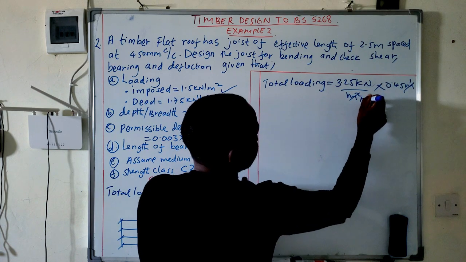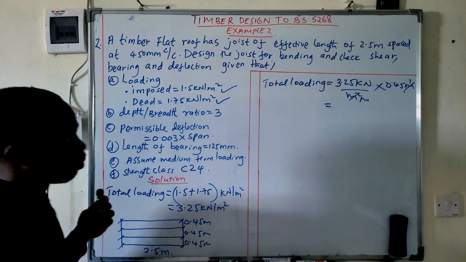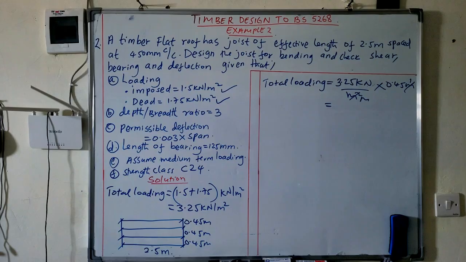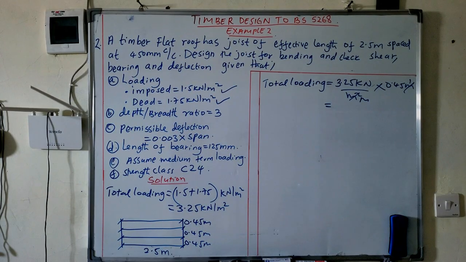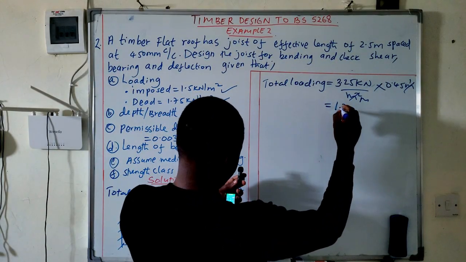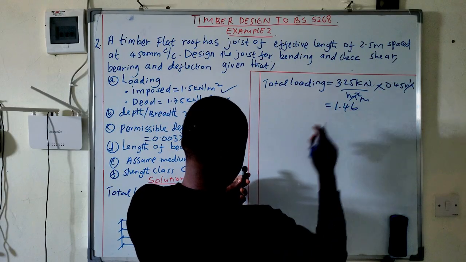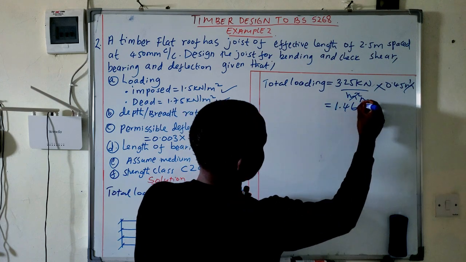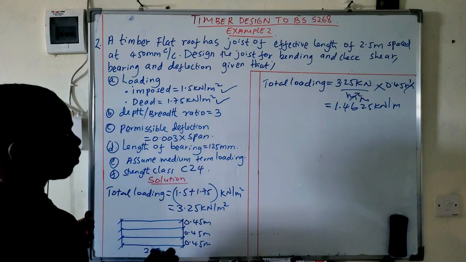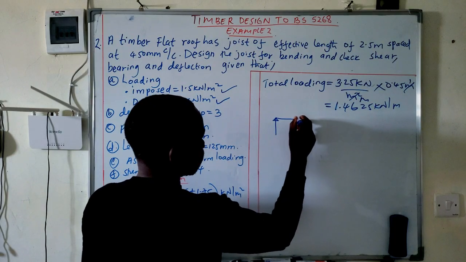Then you multiply 3.25 times 0.45. So the answer is 1.4625 kilonewton per meter.